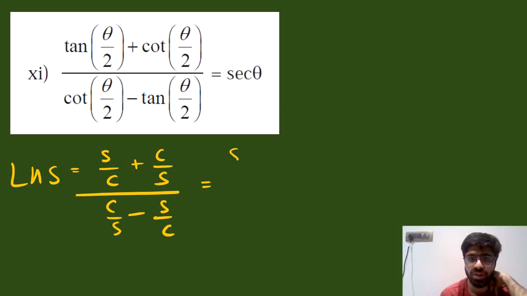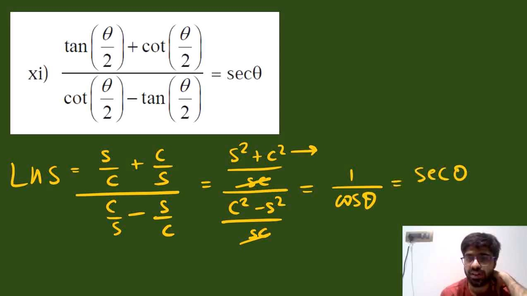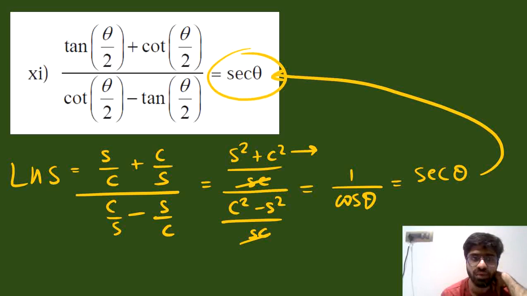If you combine the terms in the numerator, it is sin square plus cos square upon sin cos, divided by cos square minus sin square upon sin cos. Sin cos gets cancelled, the numerator term is 1. We have 1 upon cos square theta by 2 minus sin square theta by 2, and that would be equal to cos theta. So 1 upon cos theta becomes equal to sec theta, which is what you have on the right hand side, and yeah, that's how we are proving the 11th sum.